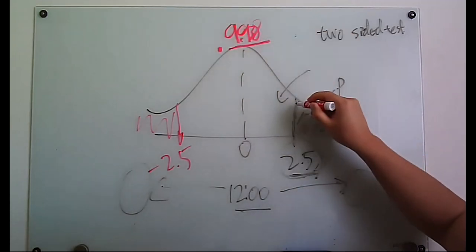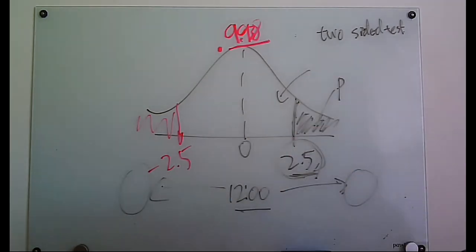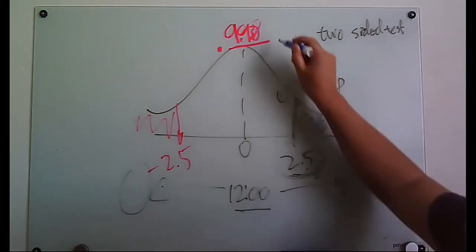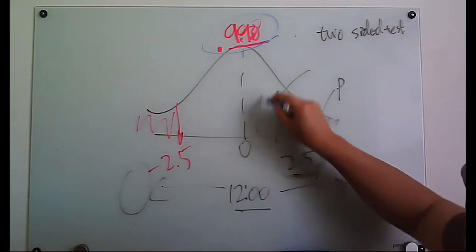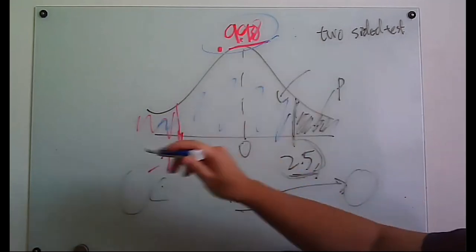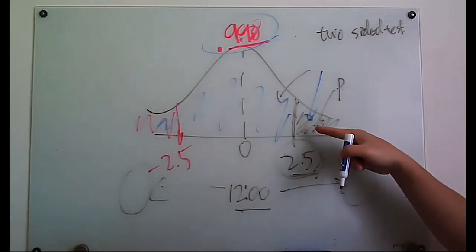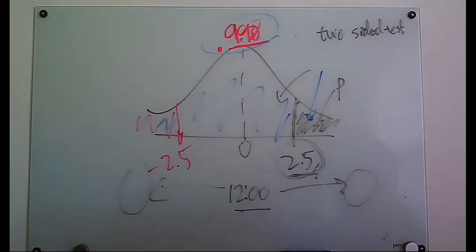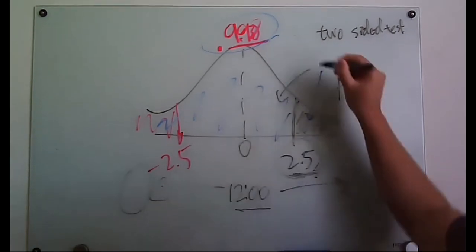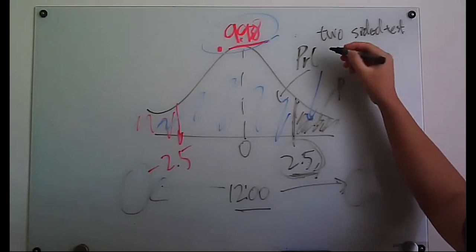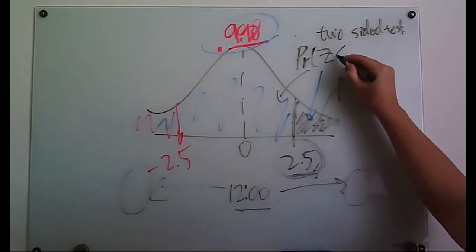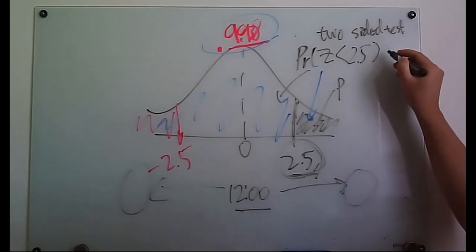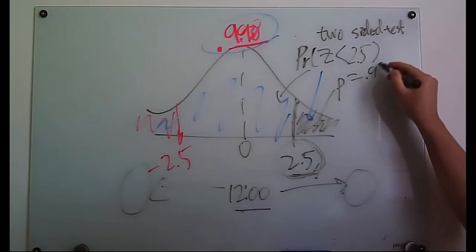This one was actually a probability. I'm just going to mark it in blue. This was the probability of this area on the left. That means this is the probability of z less than 2.5, which was 0.9938.